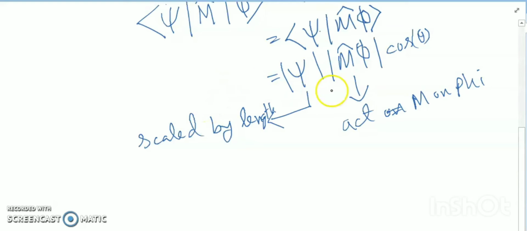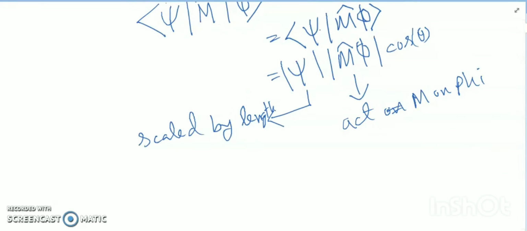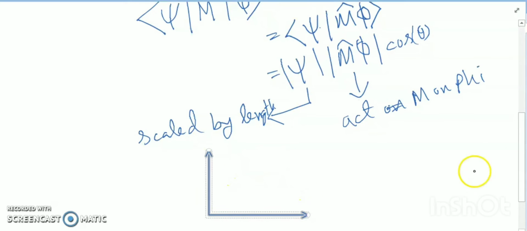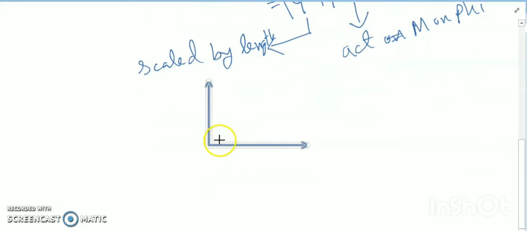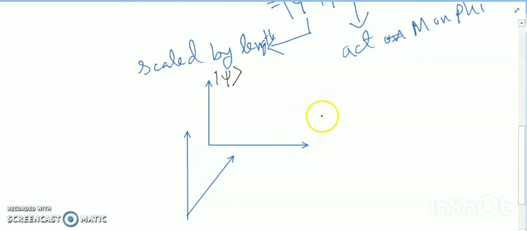Geometrically, if we just draw this equation, this is psi and this is phi.